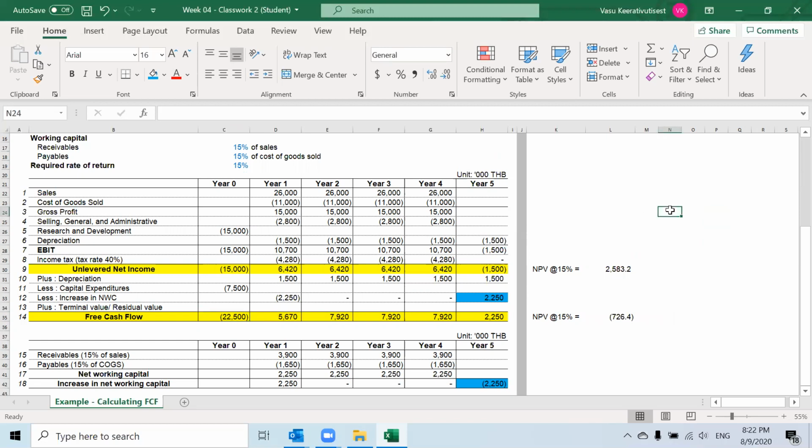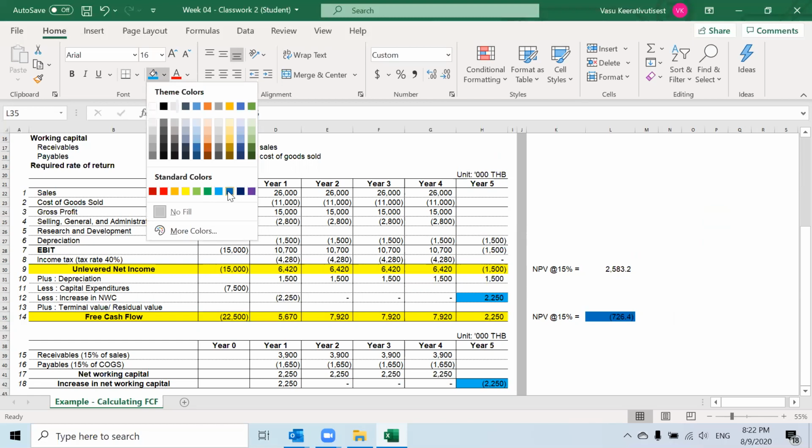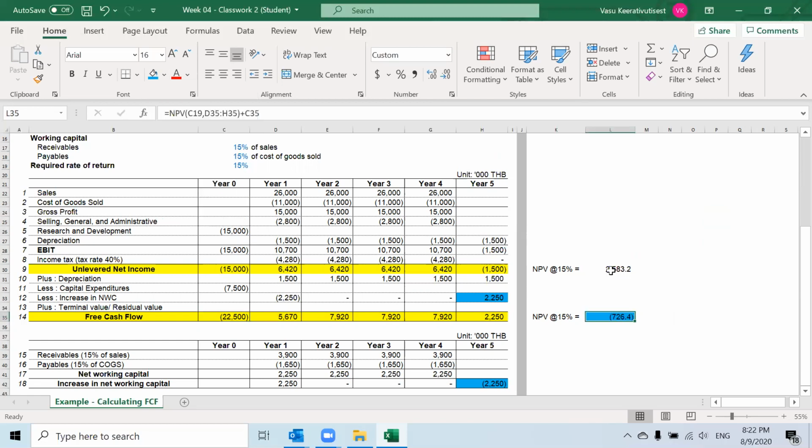What I'm going to show you here is that I did one thing wrong and one thing right. Please keep in mind that when we calculate NPV, we should calculate it from the free cash flow only. We should not calculate it from the unlevered net income.